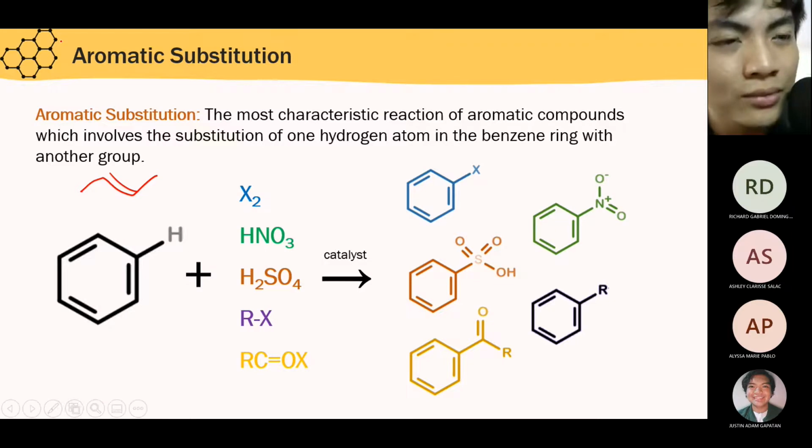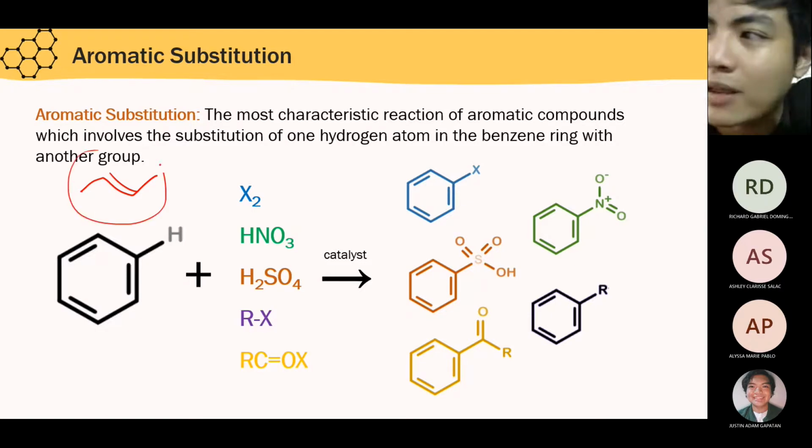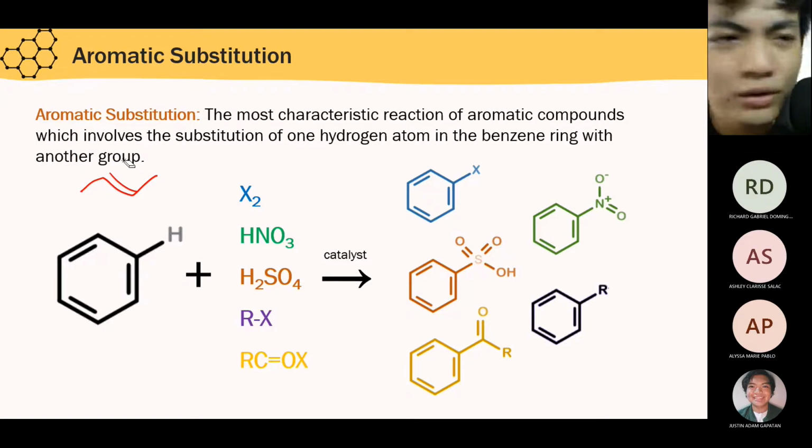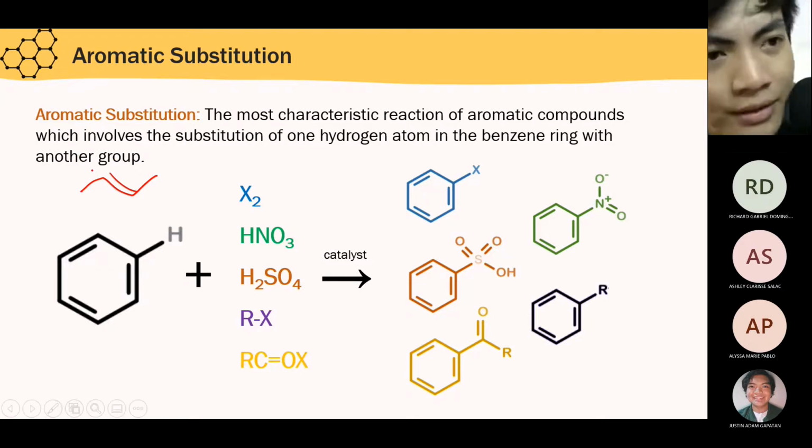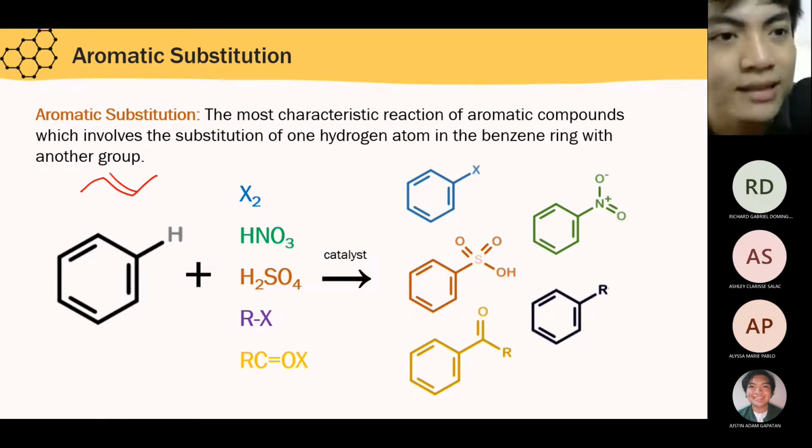And when we say aromatic, the double bonds contribute to the stability, therefore making our molecule non-reactive. Ibig sabihin, you will not expect benzene to behave like an alkene. Although there are some parallels, pero technically, hindi sila same.